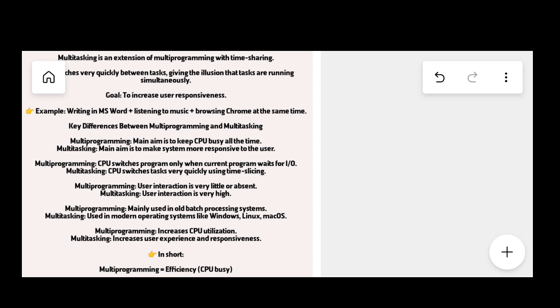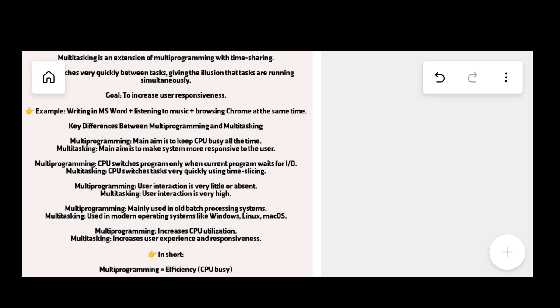Multiprogramming has very little or no user interaction, while multitasking has high user interaction. Multiprogramming was mainly used in old batch systems, while multitasking is used in modern operating systems like Linux, Mac OS, Windows. Multiprogramming increases CPU utilization, and multitasking improves user experience.